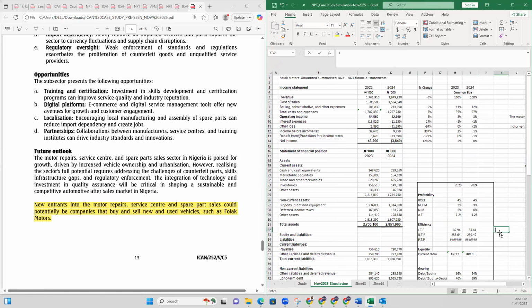Then inventory turnover period. Receivable turnover period. And payable turnover period.